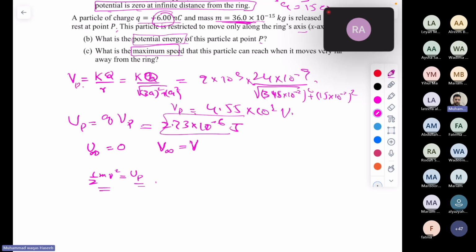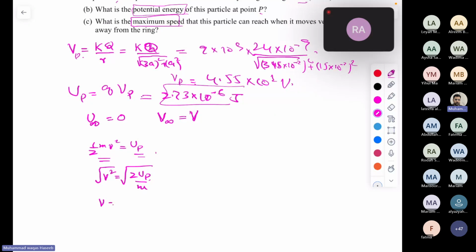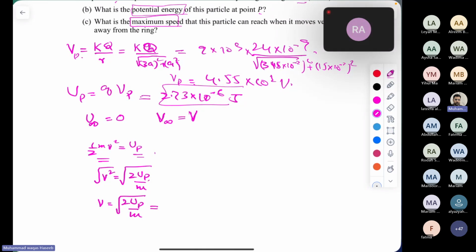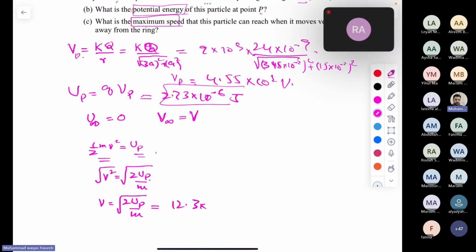So from here we can calculate velocity, which is the square root of U_P over m, and you will get v equal to 12.3 into 10 raised to power 3 meter per second.